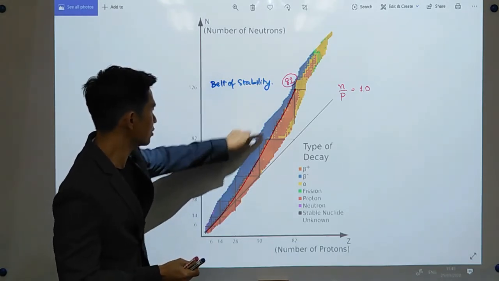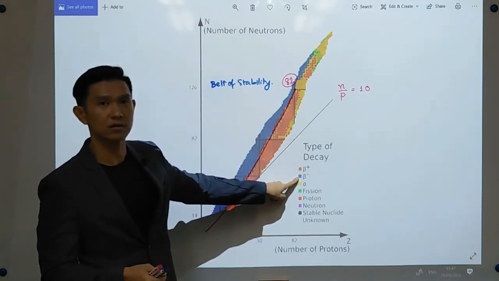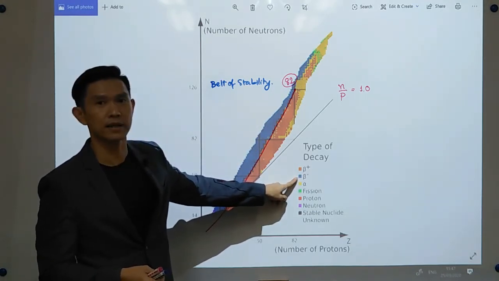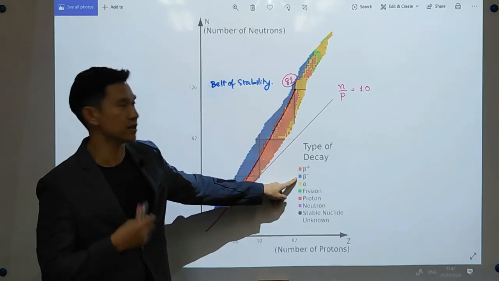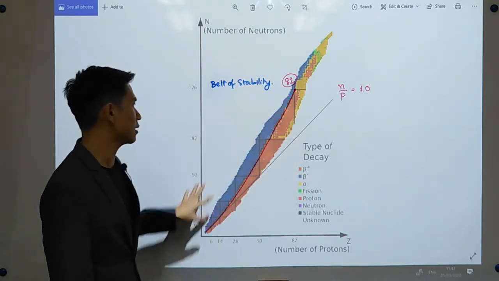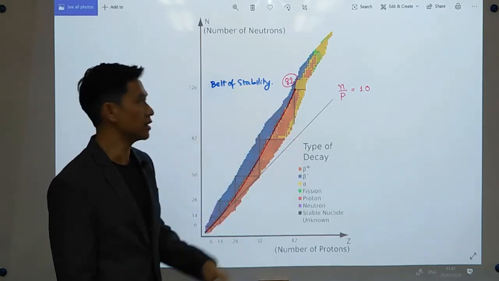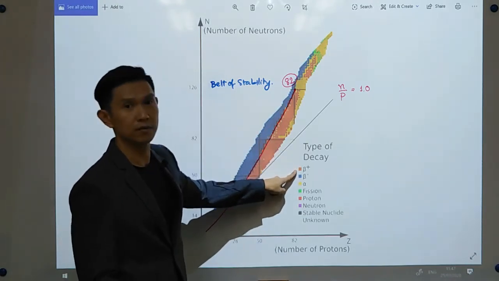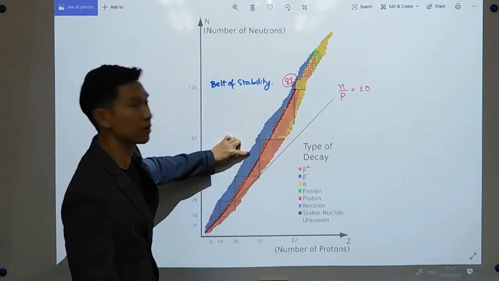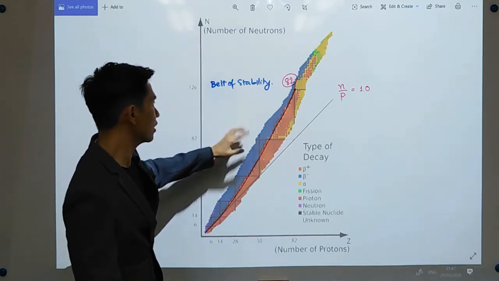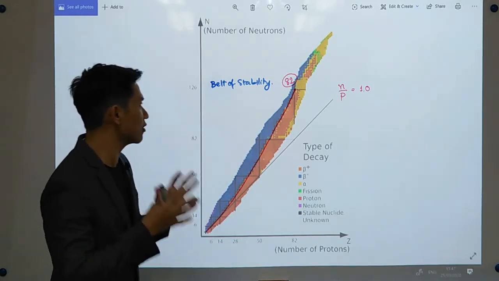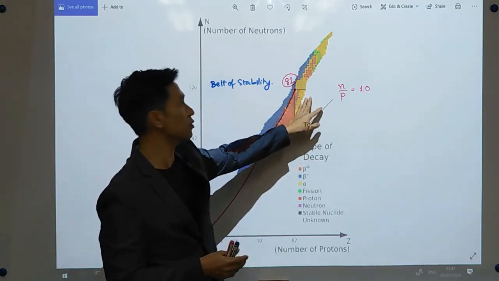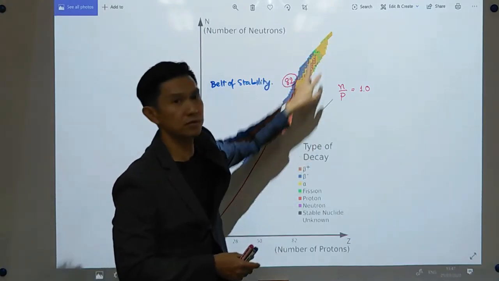So it decomposes with the blue color, giving away beta minus as the major product of radiation. There are many reasons behind radiation. It can be divided into this color for beta plus, this color for beta minus, and if your element is very, very heavy, higher than 82, the majority is the yellow color, right?